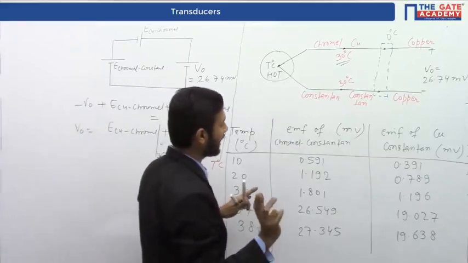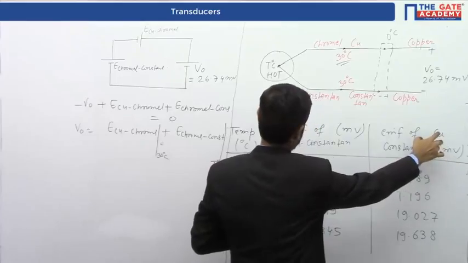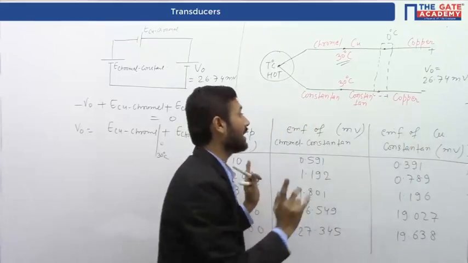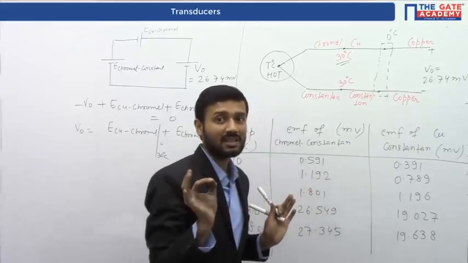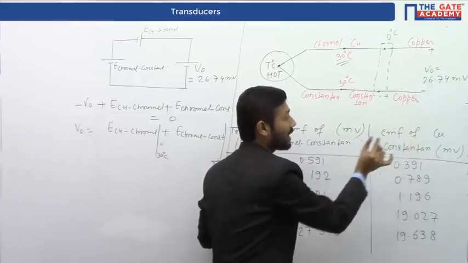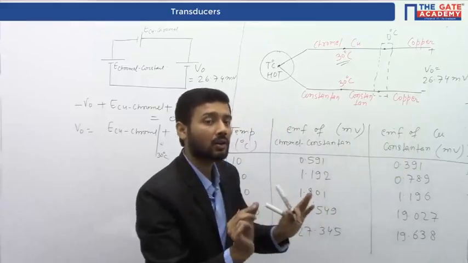Okay. Now from this given table, we can write E copper chromel at 30 degrees C. We don't have E copper chromel directly, so we have to find the EMF of copper chromel in terms of copper constantan and chromel constantan.